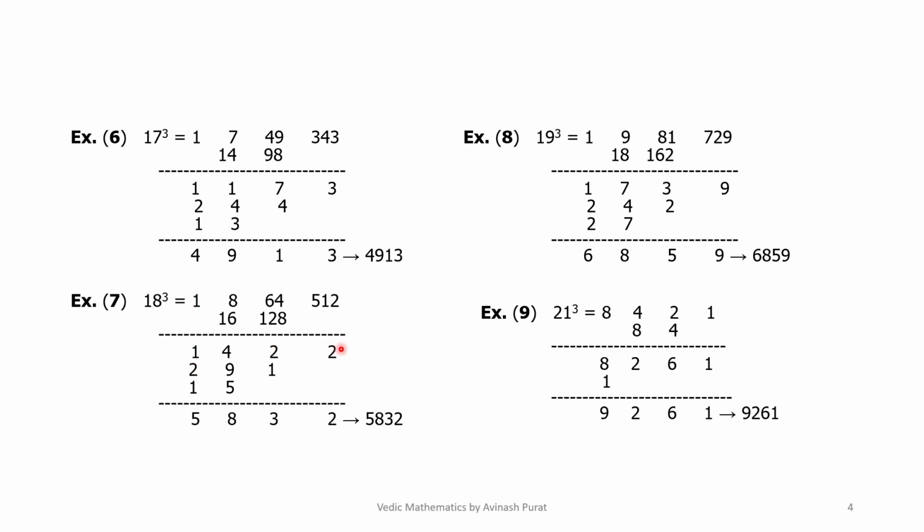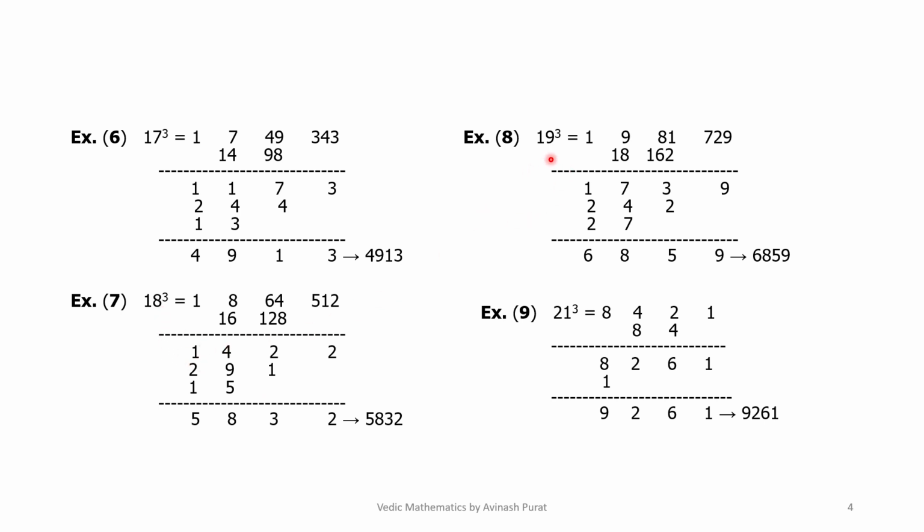So the grand total: 2, 2 plus 1 is 3, 4 plus 9 is 13 plus 5 is 18, 8, 1, 1 plus 1 is 2, 2 plus 2 is 4 plus 1 is 5. So 5832, that is the cube of 18.